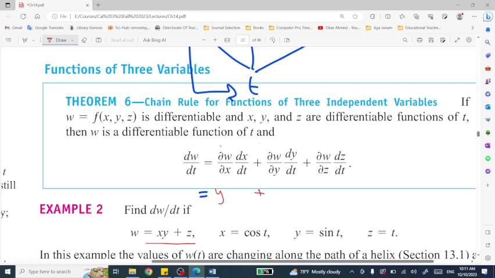Plus partial w by y is x. Partial w by z is 1. Am I right? Good. Now dx by dt is minus sine of t, dy by dt is cosine t, dz by dt is only 1. Clear?